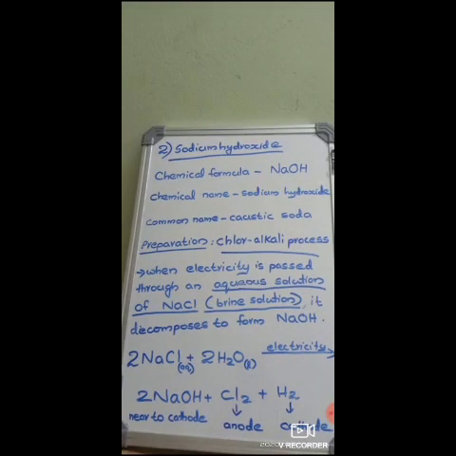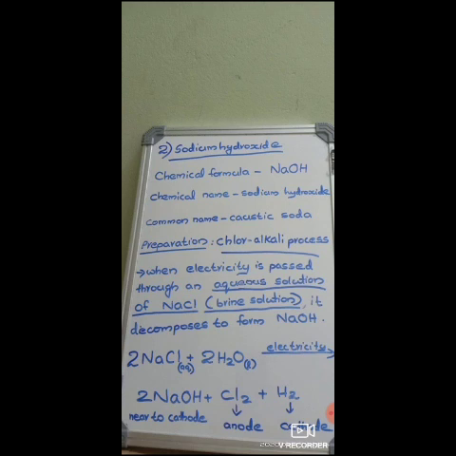Now the second one is sodium hydroxide. The chemical formula is NaOH and the chemical name is sodium hydroxide. The common name of sodium hydroxide is caustic soda. How can we prepare sodium hydroxide? It is prepared by a process called the chlor-alkali process.